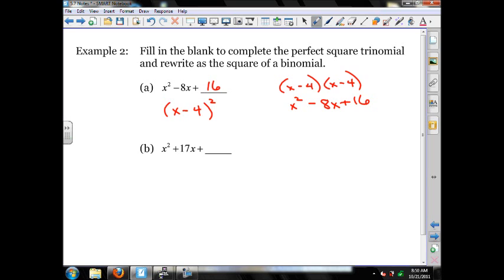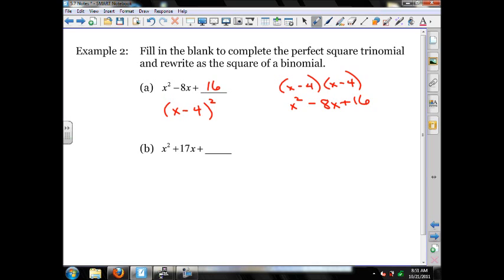Yeah, because these two middle terms, x times negative 4 times x, that should be half of what is right here, right? So you're going to take the b term, divide by 2, and then do what to that when filling in the blank? Square it. All right, so in this case, negative 8 divided by 2 squared gives me 16, and then from there I can get x minus 4 squared.